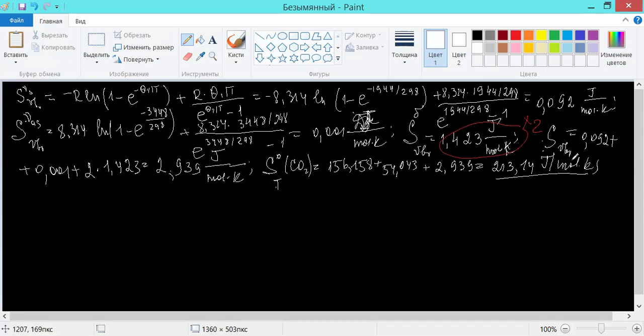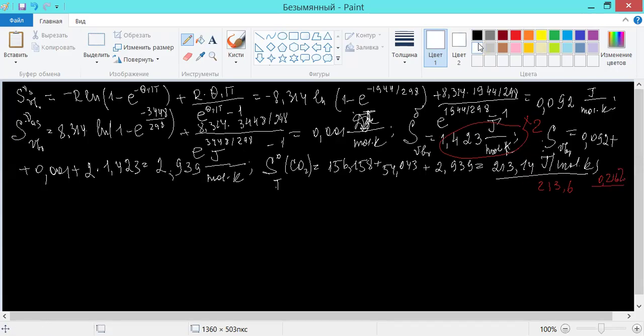This is the answer, and if you compare it with the tabulated value, which you can find in a manual, you will see that it's very close, because it's equal to 213.6. The accuracy of our calculation in this case is less than 0.26%. Very, very accurate.